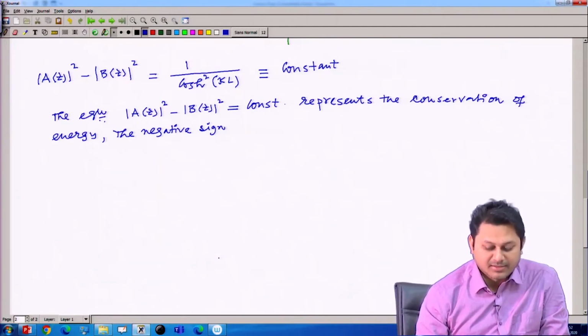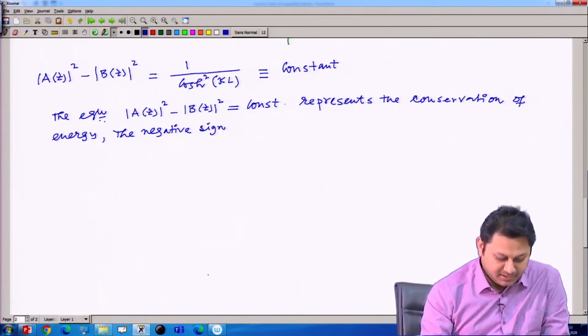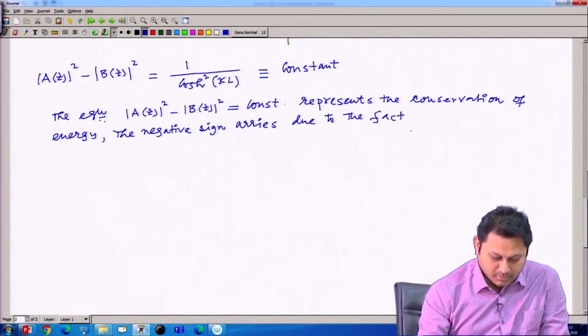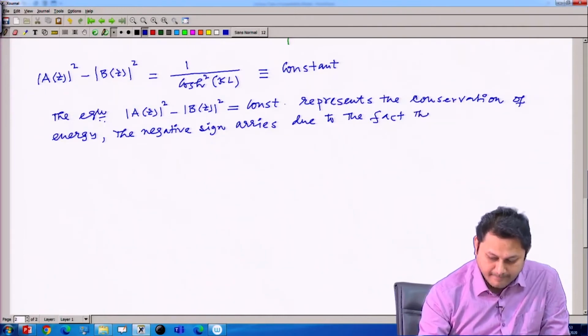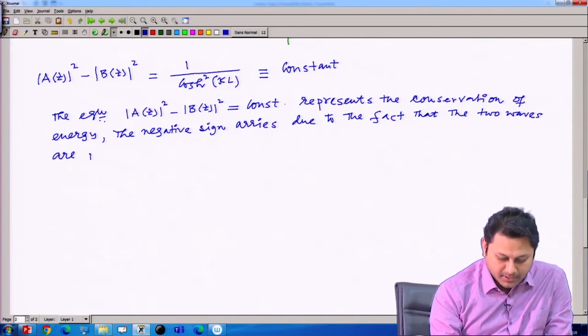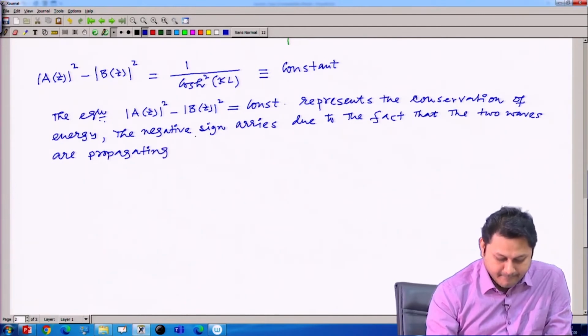This is normally the way one can write the energy conservation, but here this negative sign arises due to the fact that the two waves are propagating in opposite direction.